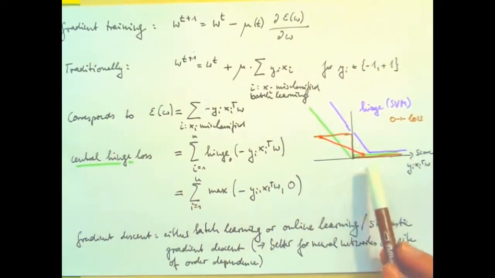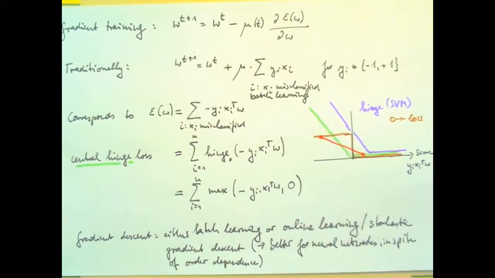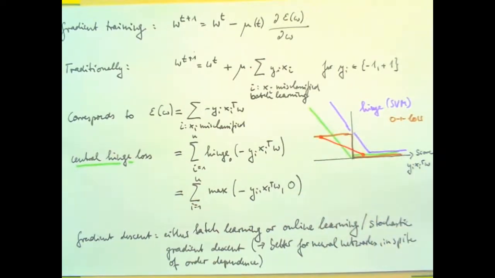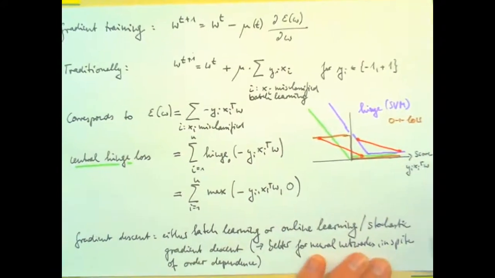However, both the non-central and the central loss functions are convex. So if I pick any point here on the purple line and any other point on the purple line, it will never intersect the purple line. It can at most be parallel to the purple line.